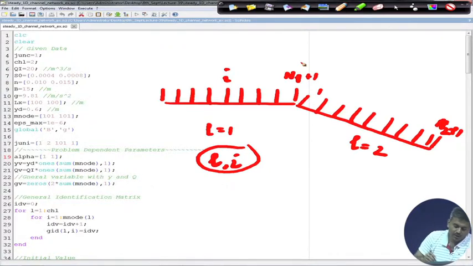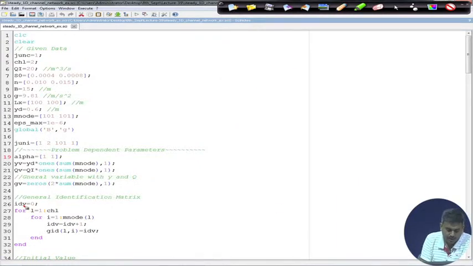So, that global number is GID or global ID here. Now, I will start from ID value equals to 0. So, starting from L equals to 1 to CHL, that means for all channel reaches, and 1 to M node.